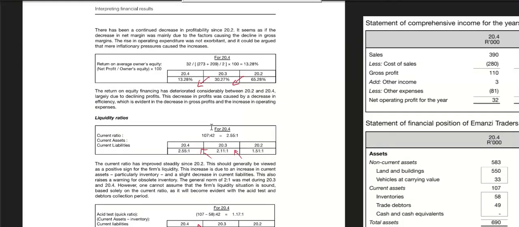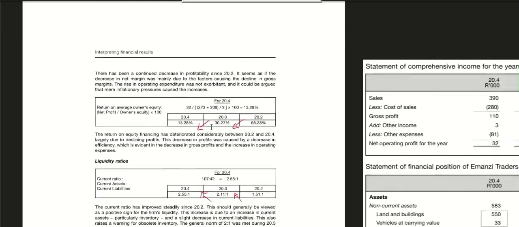Before liquidity ratios, we were talking about the return on average owner's equity. Very important. We take the net profit and divide by the average owner's equity. Please note, average means that we need to look at the average. If they give you 2 years, you take one year plus the other year, divided by two, so that you can obtain an average.